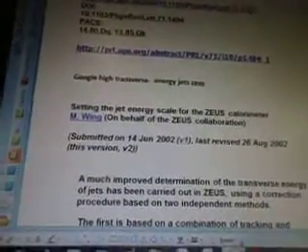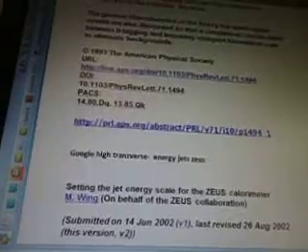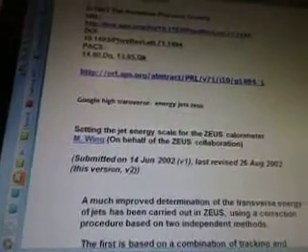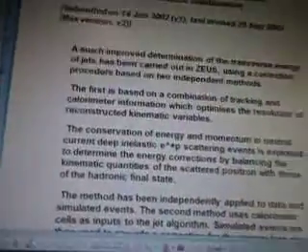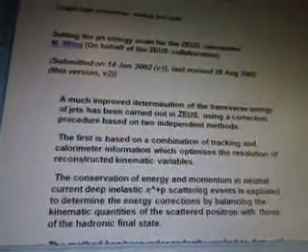So I'm going to Google high transverse energy jets ZEUS to see what comes up, and here's a quote. Setting the jet energy scale for the ZEUS calorimeter, Wing, on behalf of the ZEUS collaboration, June 2012. This is a quote. A much improved determination of the transverse energy of jets has been carried out in ZEUS, using a correction procedure based on 2 independent methods.